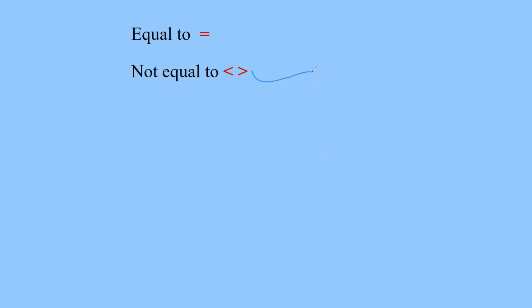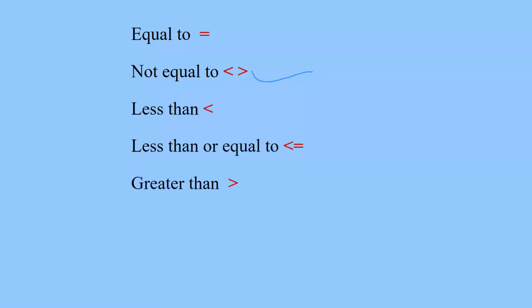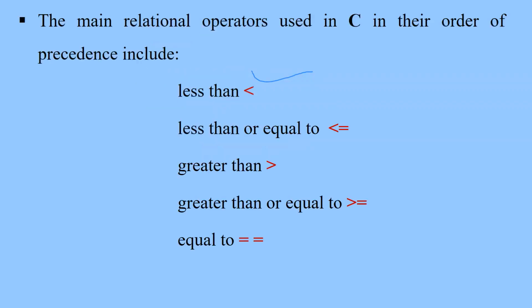But then when you proceed to C language, you see that not equal to is written as follows. That is not equal to. Very important, my dear students and the rest of the learners. It is important to differentiate between these symbols.